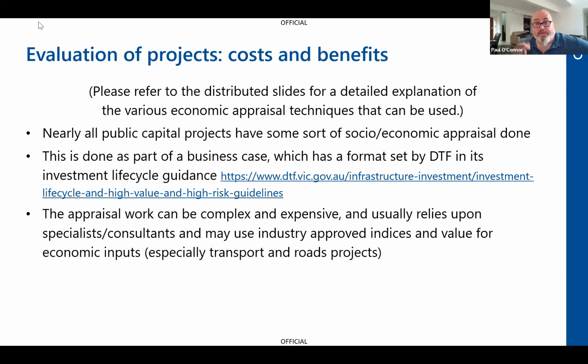One of the values that often comes up in public transport, which is a bit different from road, is that they talk a lot about the elasticity effect, which is the impact of lower fares or higher fares on the likelihood to travel. So there is a little bit of variance in terms of which indices are used. And the indices are quite complex because they're based on the type of metropolitan environment you're in.